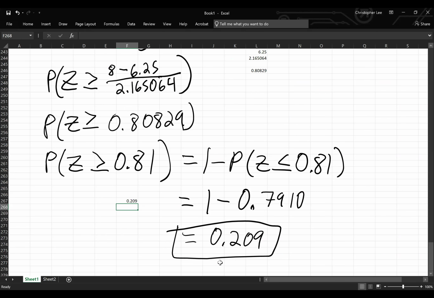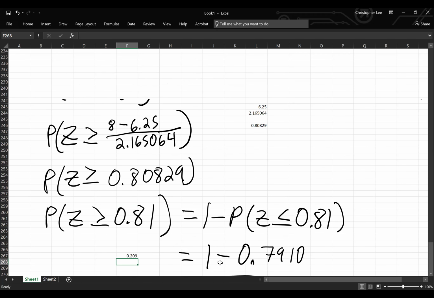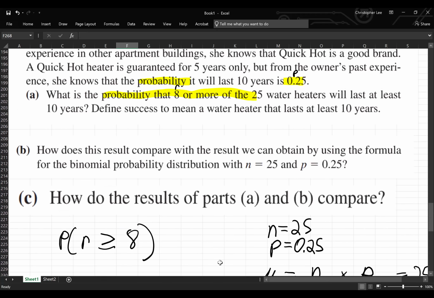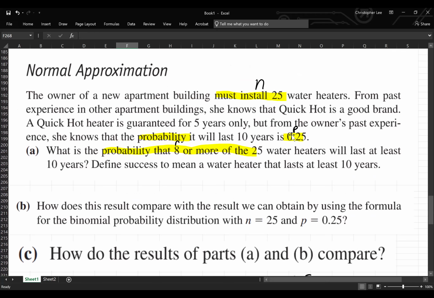So what did we do just here? Instead of using the binomial distribution to figure out this problem, we used a normal distribution to help us get this answer. We did that because our n is large, n equals 25, and they want to know the probability of 8 or more.